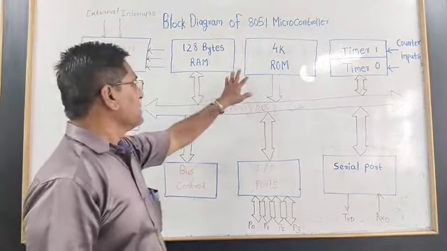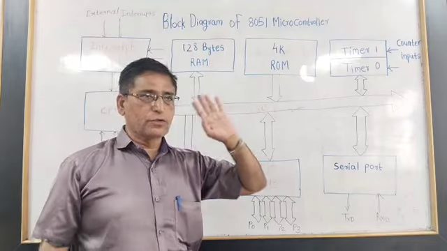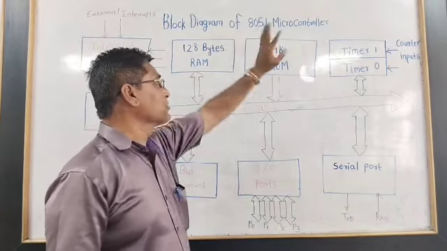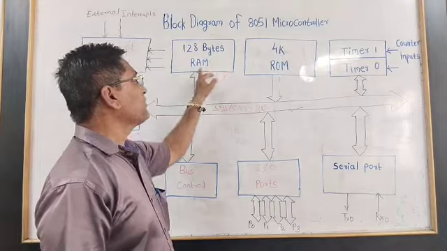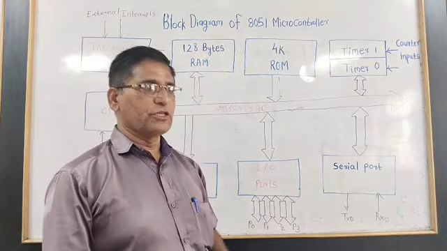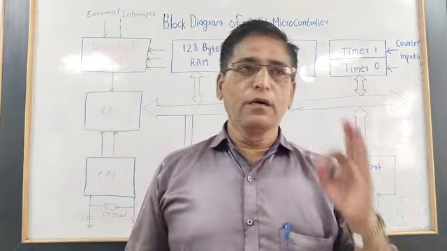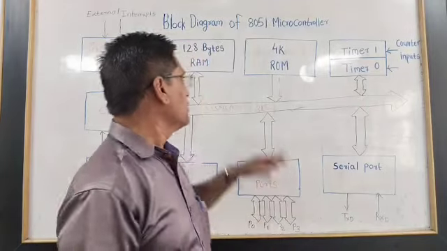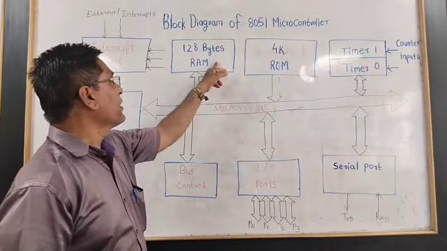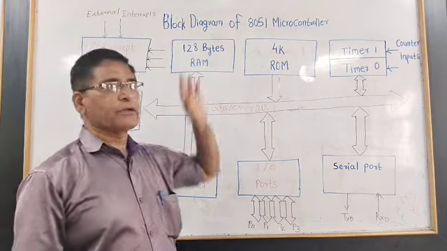It has the memory, that is RAM and ROM. The 8051 microcontroller family has 128 bytes of internal RAM. This is actually the data memory, so that a program can be run or executed in this 128 bytes of RAM.